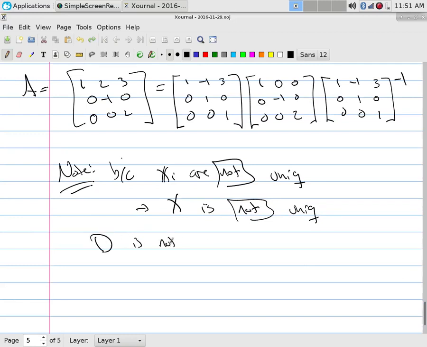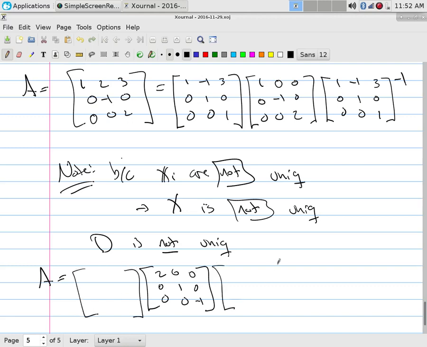The other thing is, not only is x not unique, d is not unique. But the question is, well, why? Because aren't the eigenvalues unique? And the answer is, well, sure. But does it matter the order I put them in? For example, A could have been written as, take my D and just switch the order. I put a 2, 0, 0, 0, 1, 0, 0, 0, minus 1. Well, then correspondingly, what am I going to do with the vectors now?